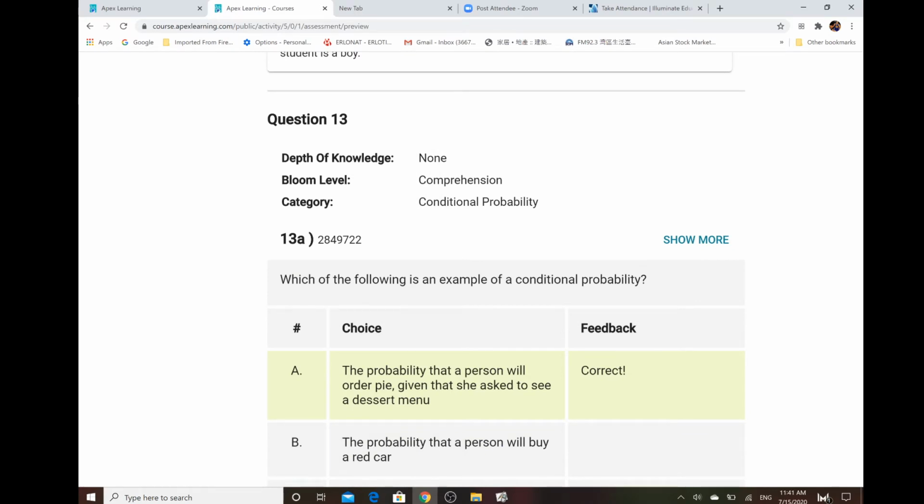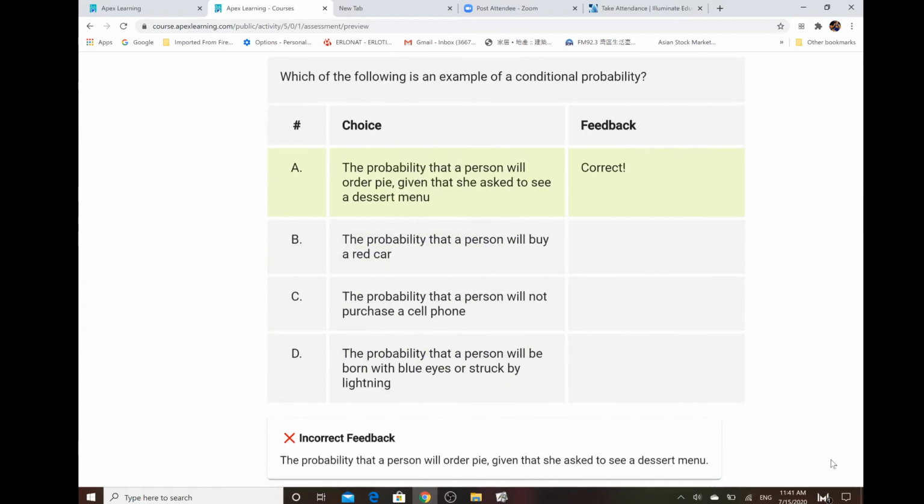So 13, which of the following is an example of conditional probability? The probability that a person will order pie, given that she asked to see a dessert menu. Anytime I see conditional probability, that means one event happens on top of the other event, okay?